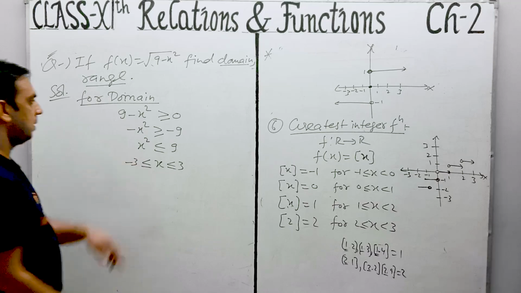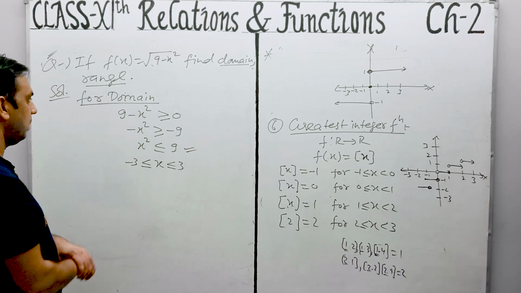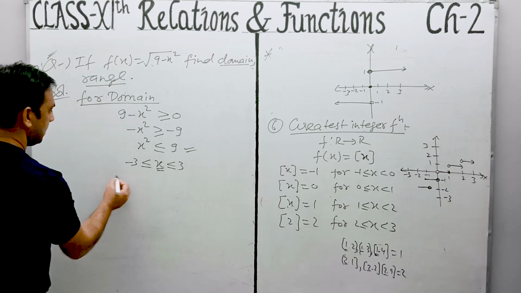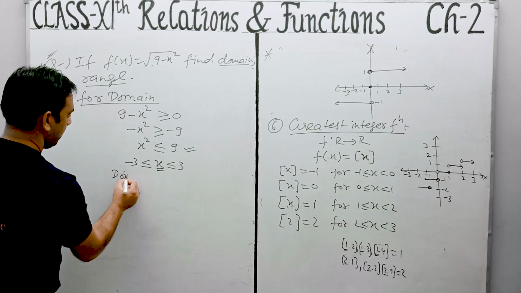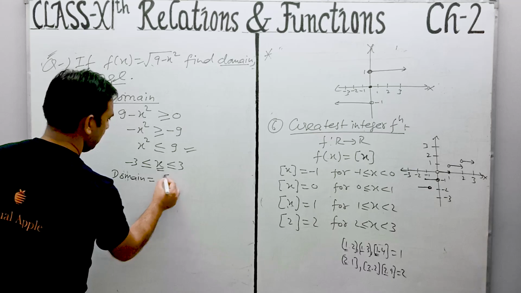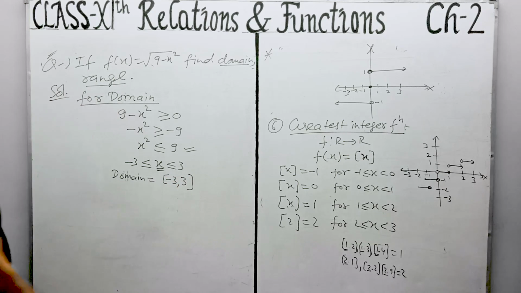So x can be from -3 to 3. Here you can say the domain is from -3 to 3. Right? This is the domain.